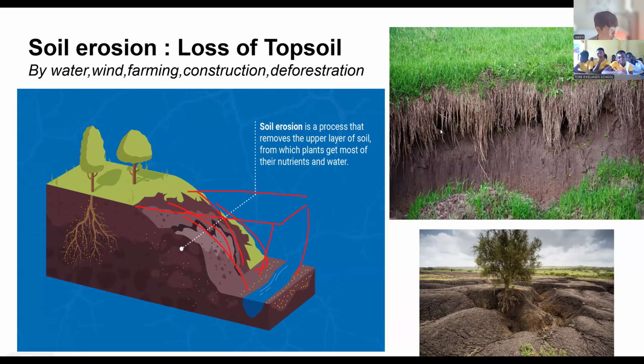So what results is that it might look like this over here, and it might also look like this in a severe case. All of these are results of the loss of topsoil and soil erosion.